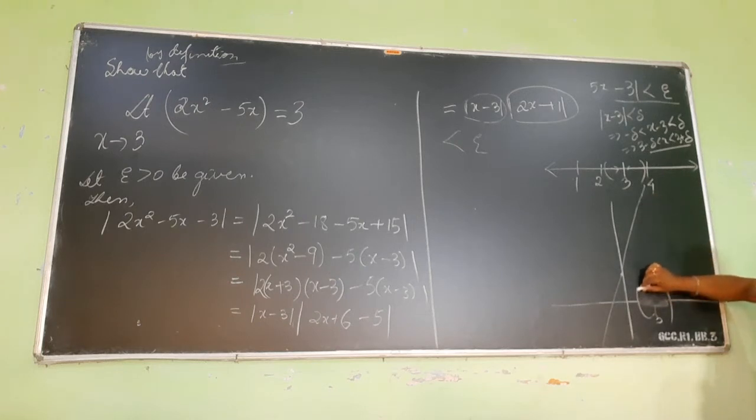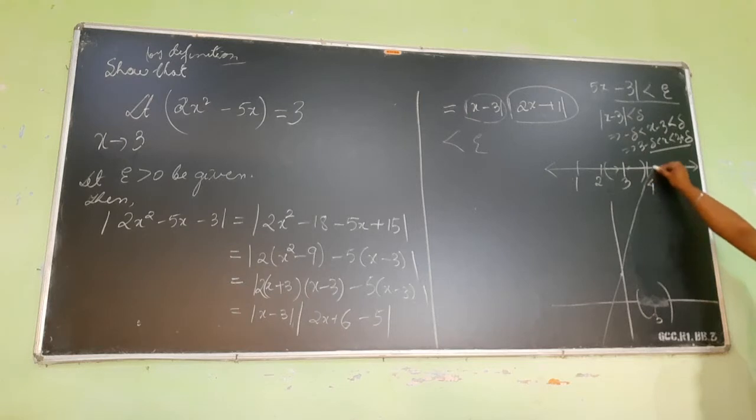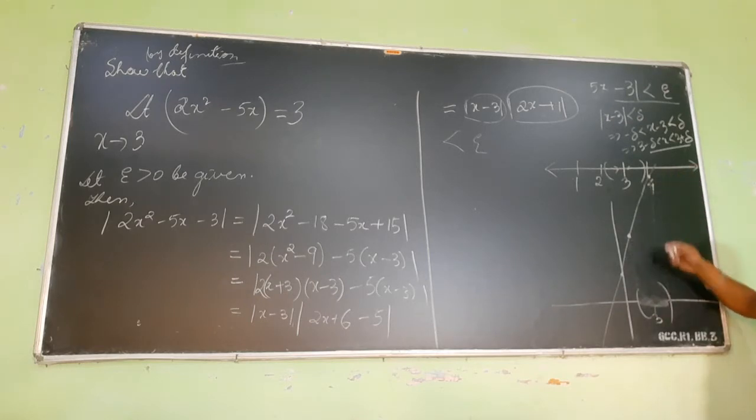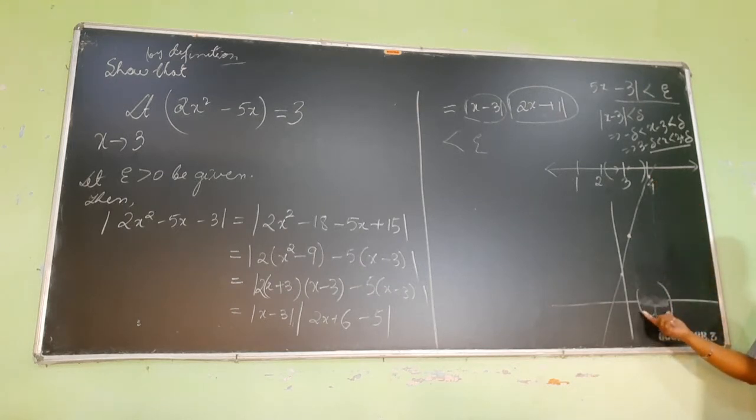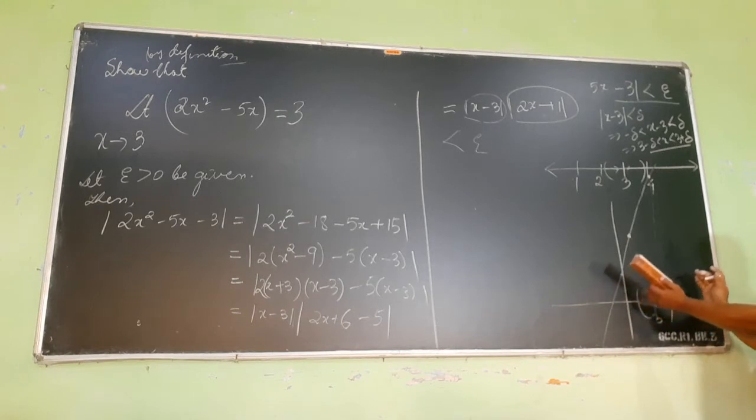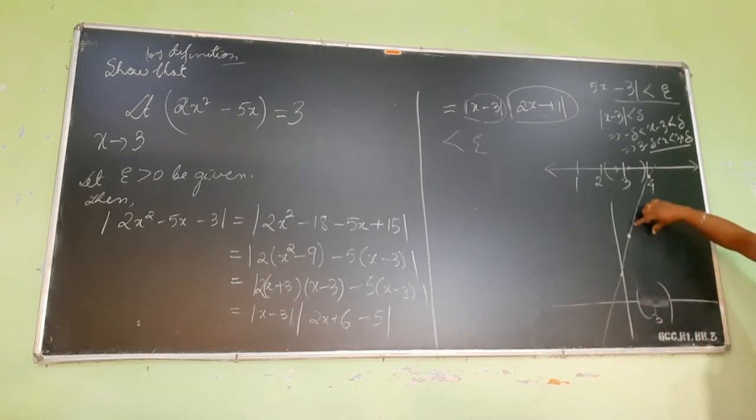Inside this area, if you just check from here to here, the function lies between these two values. So this function is bounded between this point and this point in the neighborhood of 3. If we consider a closed or open neighborhood, then we can bound this function.